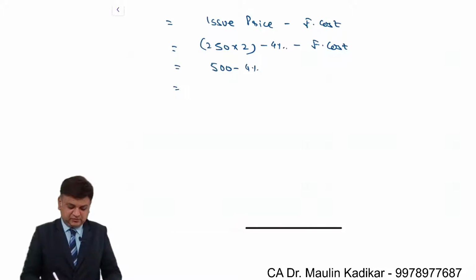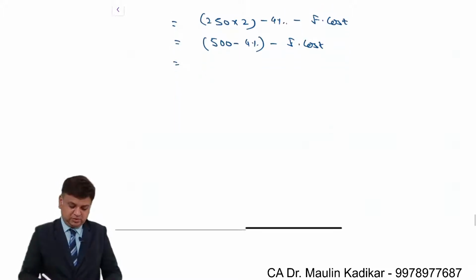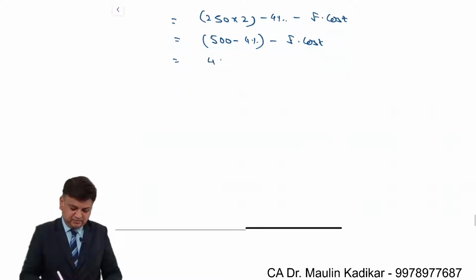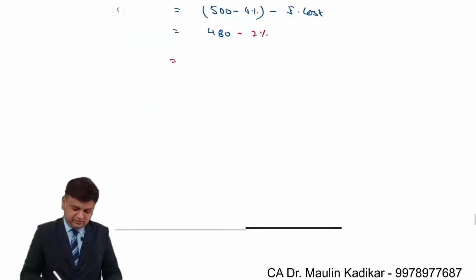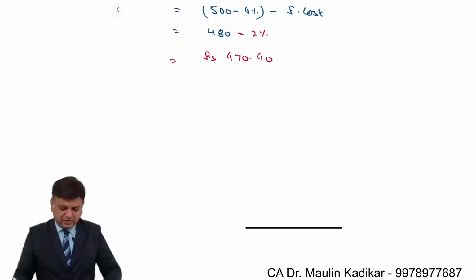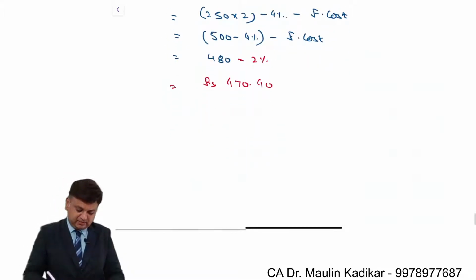So 500 minus 4% is 480 rupees, minus 2%, that comes to 470.4. So this is the amount that you are going to receive on issue of the GDR.